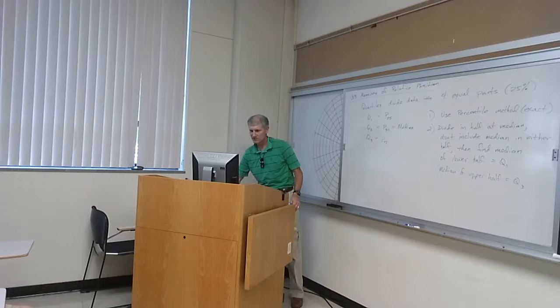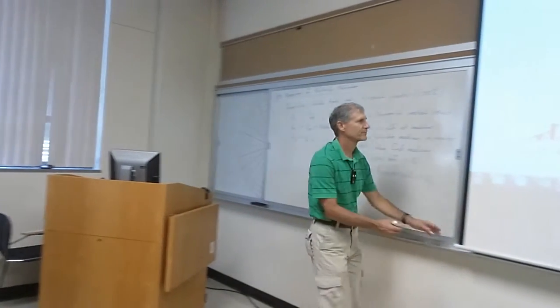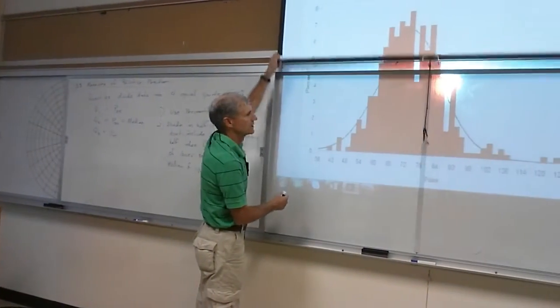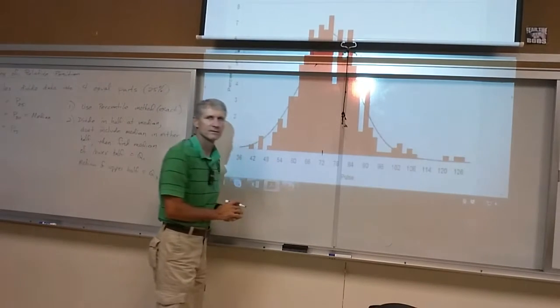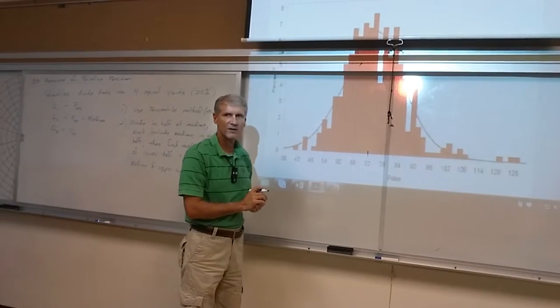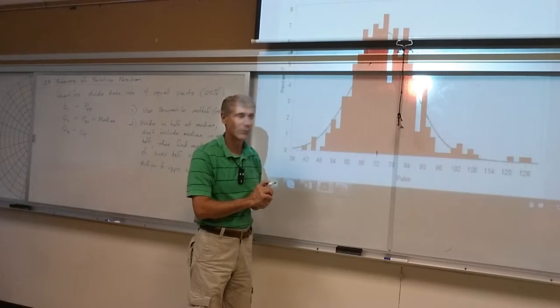Let's use this one. This one has bars of width 2. So the median was 72 right there. The first quartile, what was it? 64. Yeah.